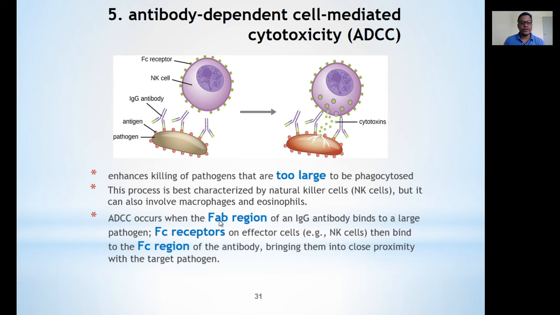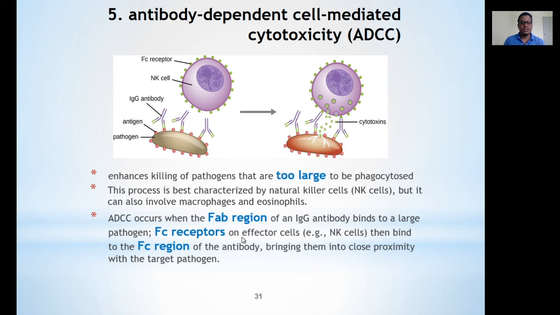ADCC occurs when the Fab region of an IgG antibody binds to a large pathogen. The Fab region here, the fragment of antigen binding, attaches to the epitopes on the pathogen.